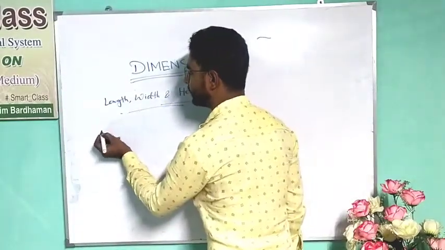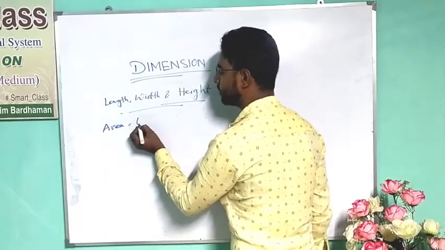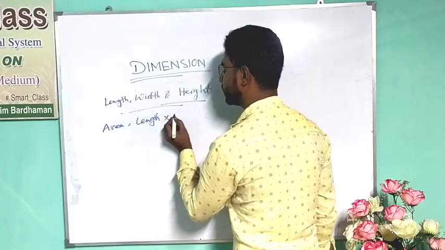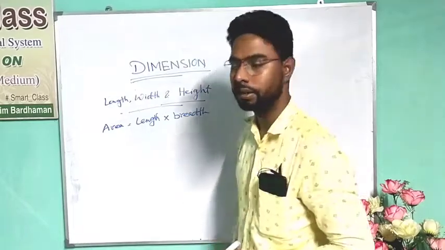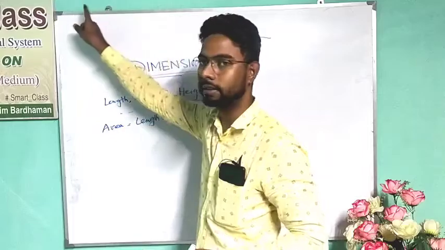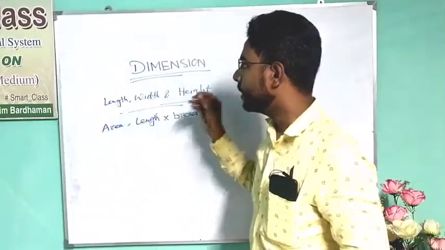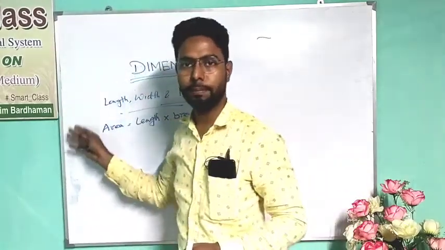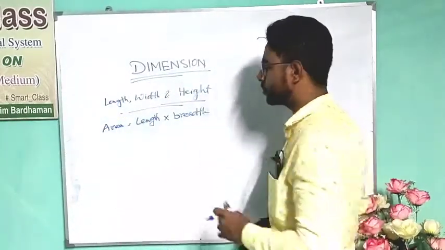If I take one physical quantity like area, the formula of area is length into breadth. If we see this board, it has a length and also a breadth, but we can call this a length also.